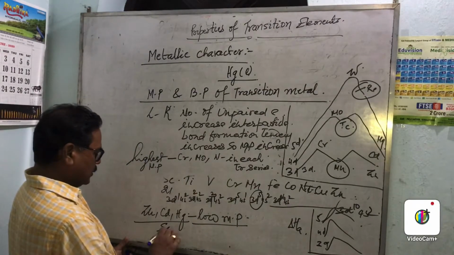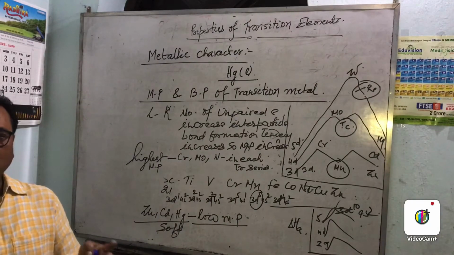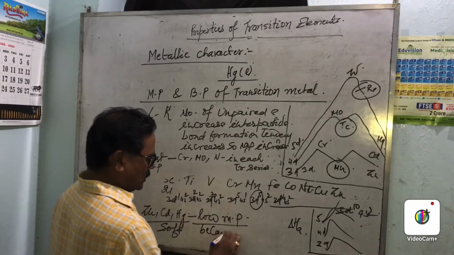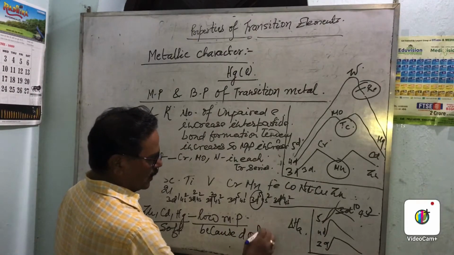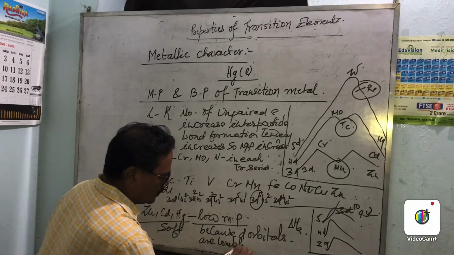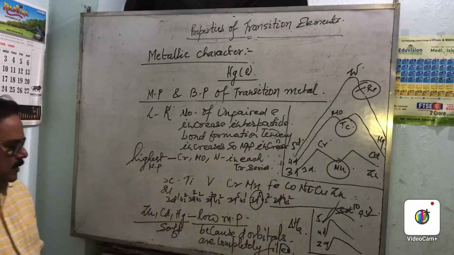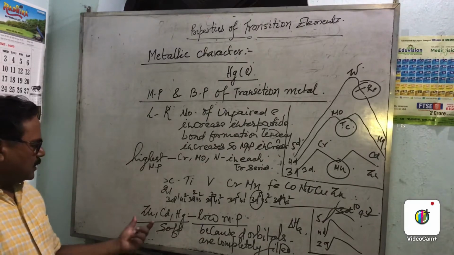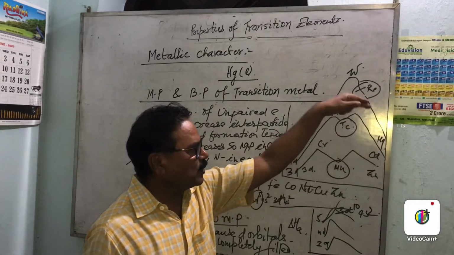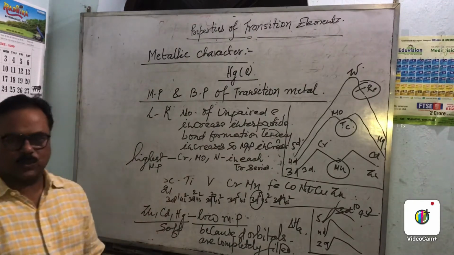They are soft because the interparticle bond formation is less, because all the d orbitals are completely filled, and there is no interparticle bond formation tendency. That's why its melting point is less. At the end of each series, why does it decrease? Because all d orbitals are completely filled. This is 3d10 and 4s2.